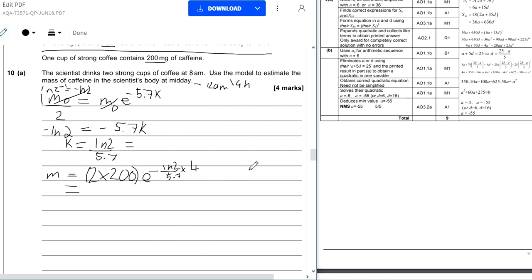So I'm going to do that. And it gives you 254.929. I'm just going to say that that's 256 milligrams to 3 significant figures.